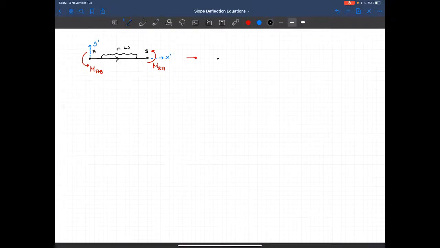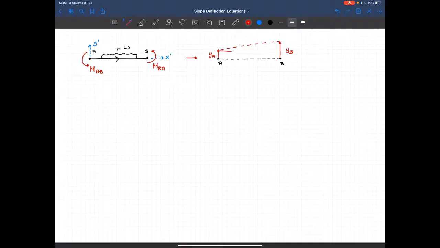So let's define the deformations. That's point A, that's point B. Let's say that point A had a vertical translation, that's equal to YA. Point B, we have another vertical translation, YB. And that's what we call the chord rotation.